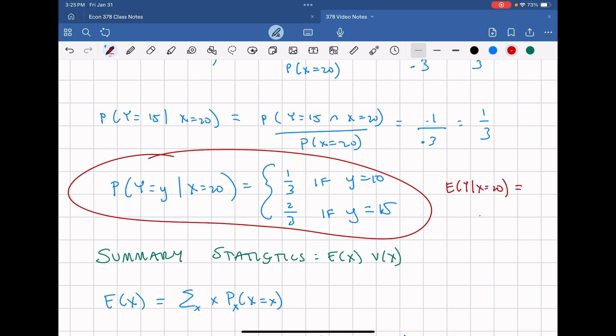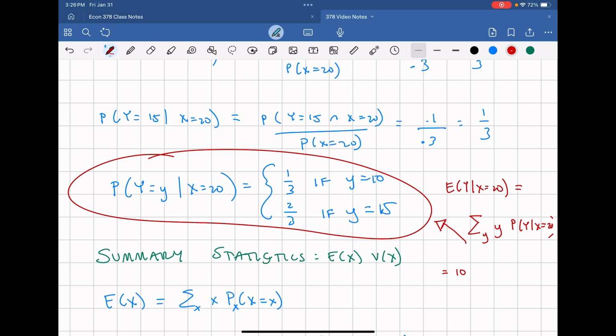And this will be simply the summation over the y times the probability of y given that x is equal to 20, which is what we saw right here. And we'd use this distribution to find the expected value of y. So let's do a quick example here.